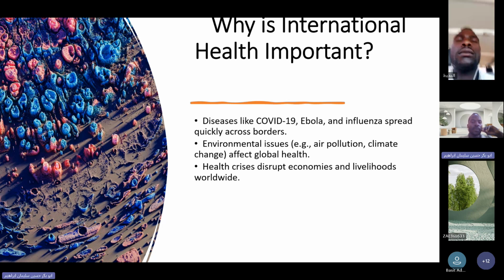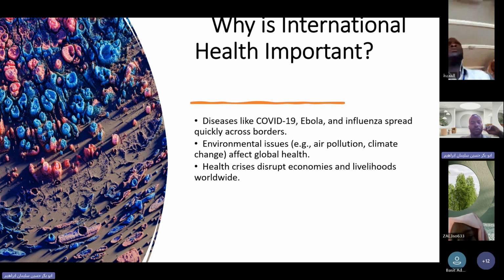Environmental issues like air pollution and climate change affect global health. As you know, air pollution has no borders. It can definitely move from country to country and spread the pollution.